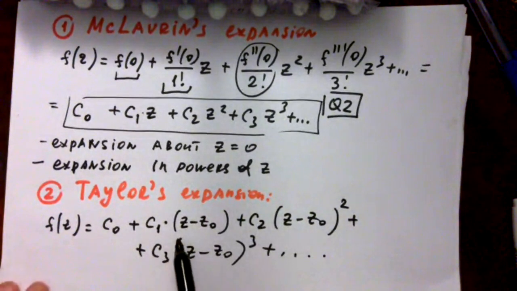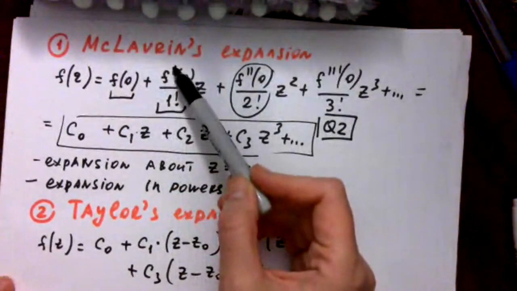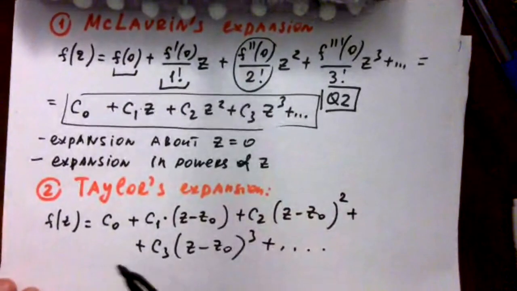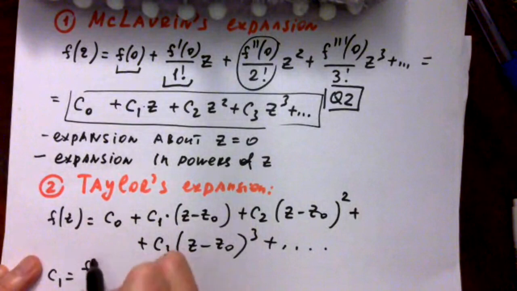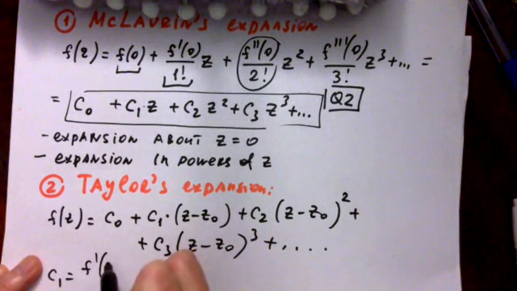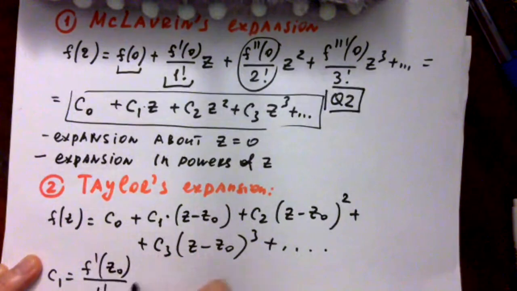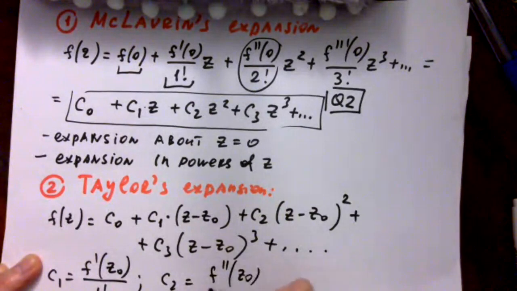And by the way, of course, you have a different formula for coefficients. Here, you needed f prime of 0, but in this case, you will need f prime of, for example, C1 will be f prime, it won't be at point 0, it will be at point z0, and so on. C2 will be the second derivative of z0 divided by 2 factorial, and so on.